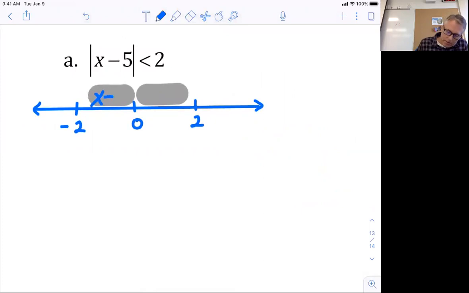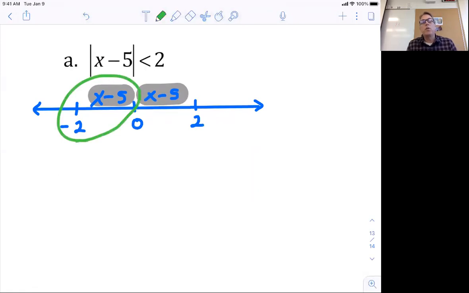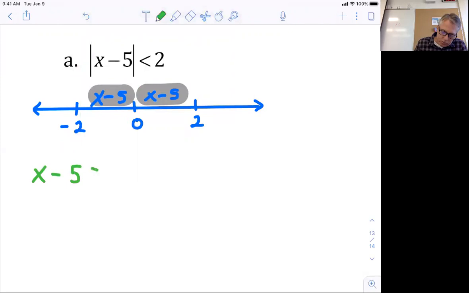And so x minus 5 is what is underneath the blob. So this part means that x minus 5 has to be to the right of -2, meaning greater than -2. So my first equation would be x minus 5 is greater than -2. That is from that side there.